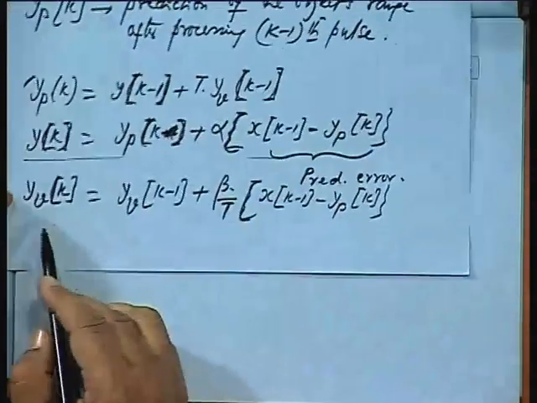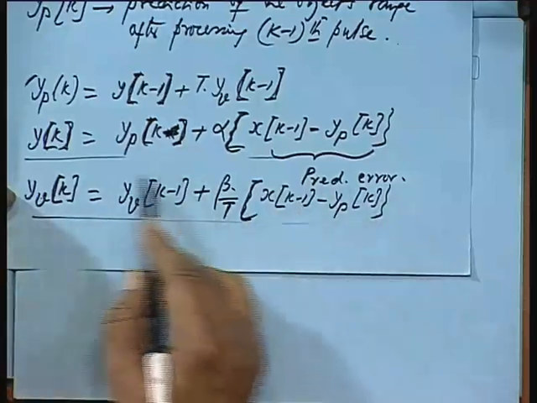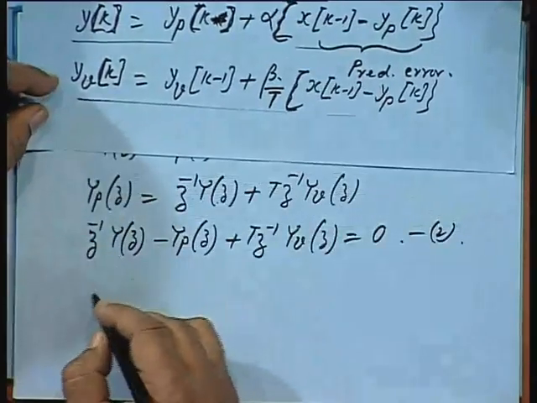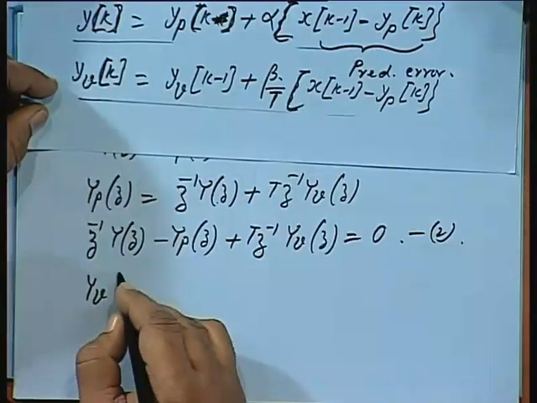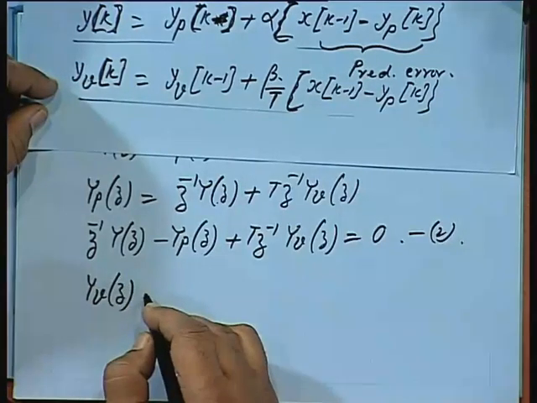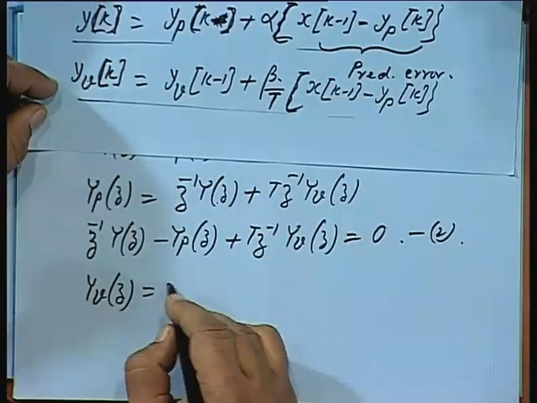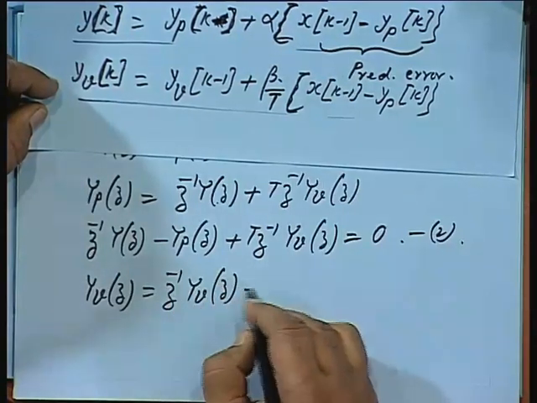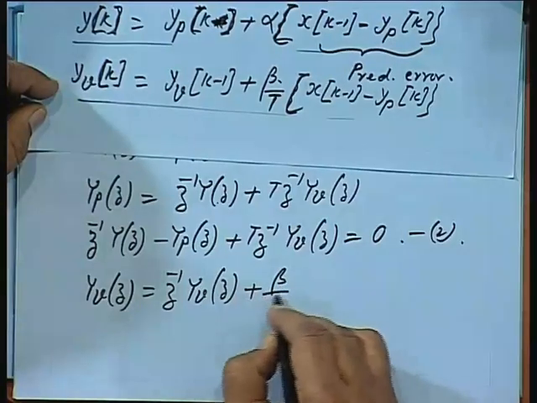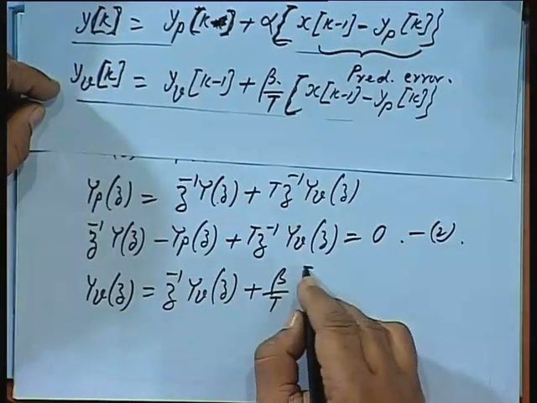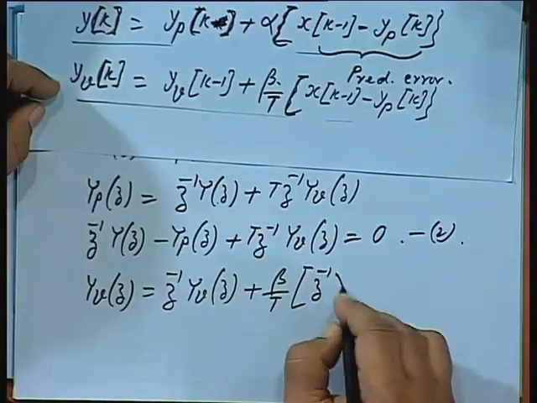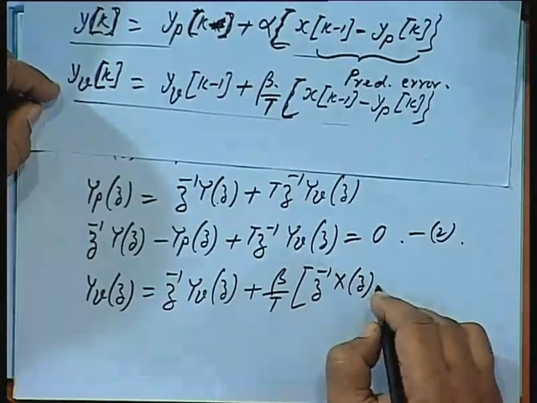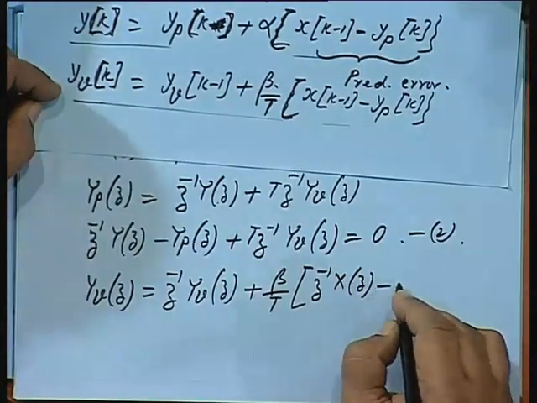And the third equation gives me y v z equal to Z inverse y v z plus beta by t Z inverse x z minus y p z.